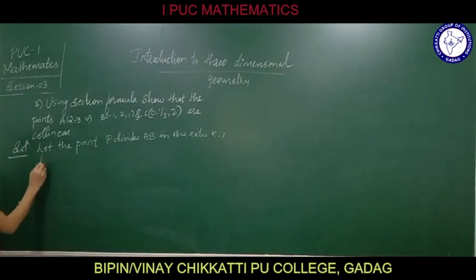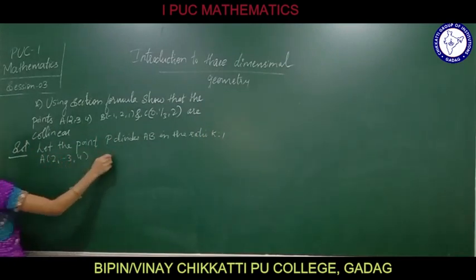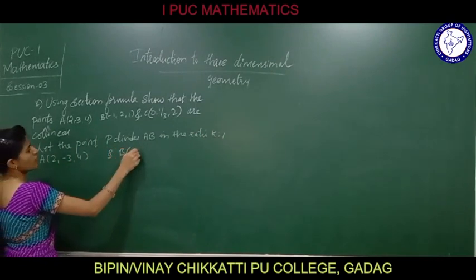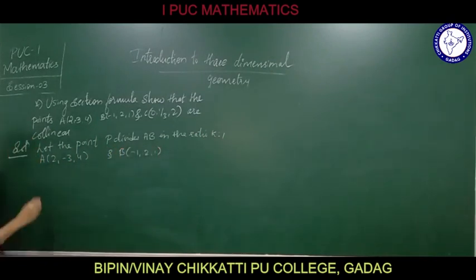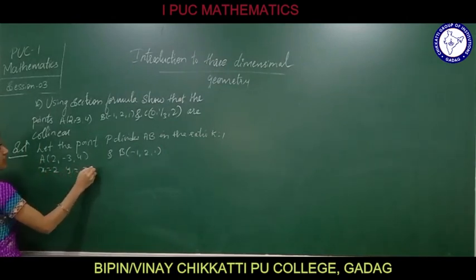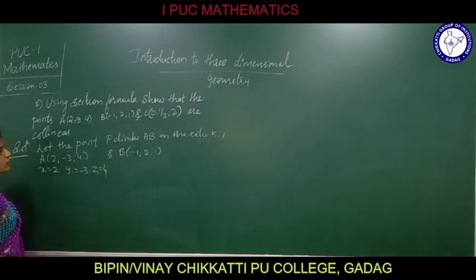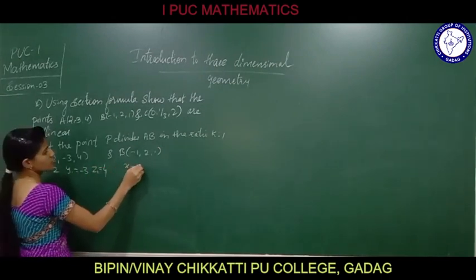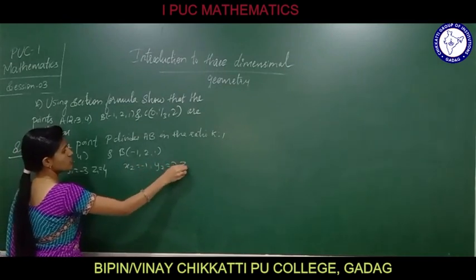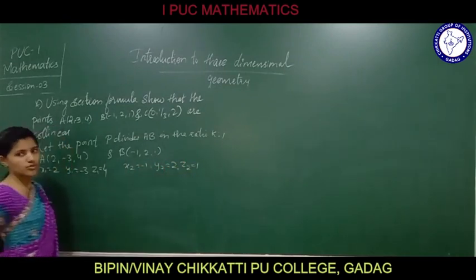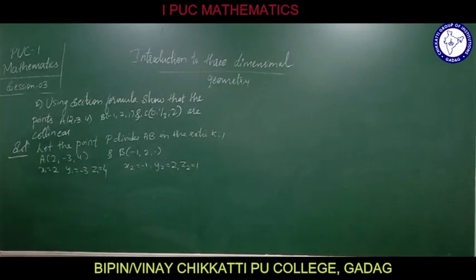Now here we have A of (2, -3, 4) and B of (-1, 2, 1). So x1 equals 2, y1 equals -3, z1 equals 4, and in the same way x2 equals -1, y2 equals 2 and z2 equals 1.